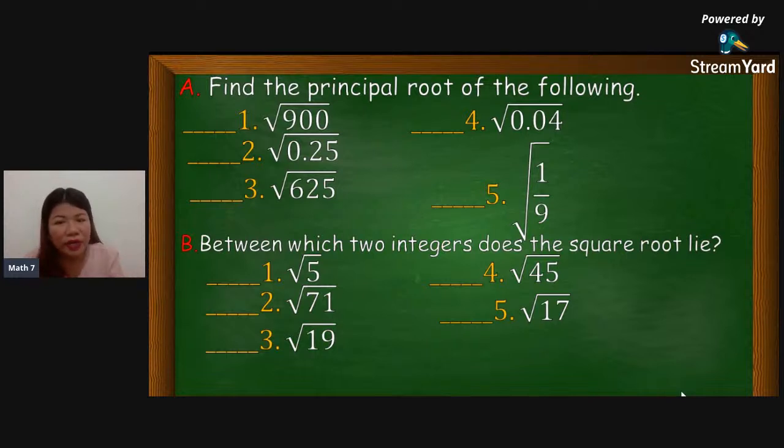0.04. The correct answer is 0 point ano? 0.02 ay 0.04.